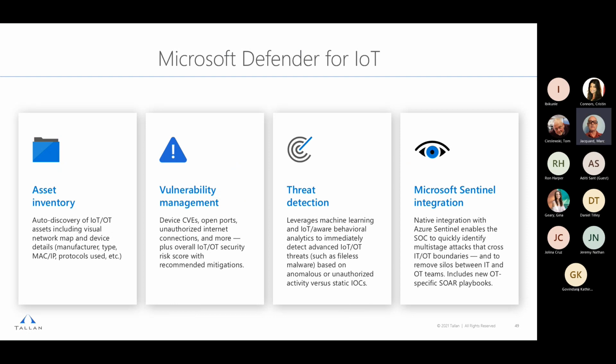Defender for IoT. Discover all of those assets, manage all those vulnerabilities, detect threats, integrate with your SIEM. Sentinel is Microsoft's SIEM. Again, it's a platform that can be used for analysis. It can be used to automate through playbooks for your SOAR solution. All of that comes into play.